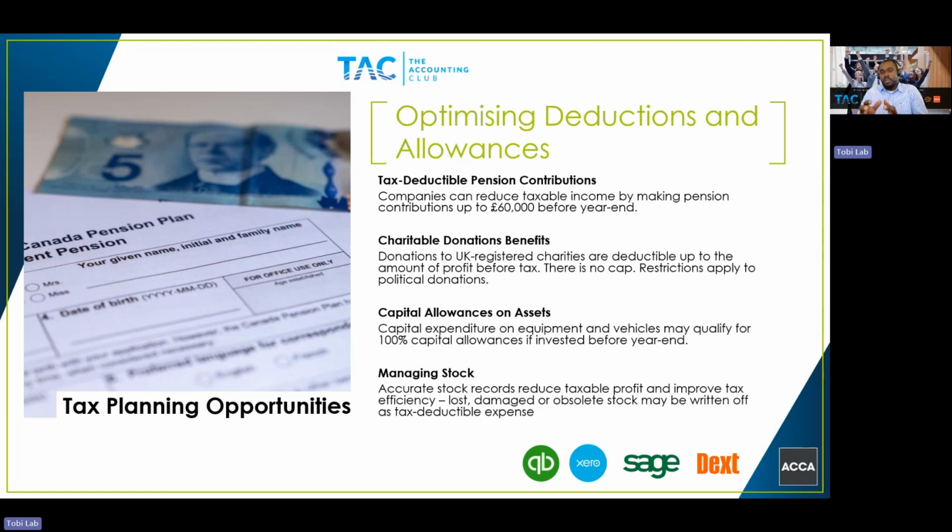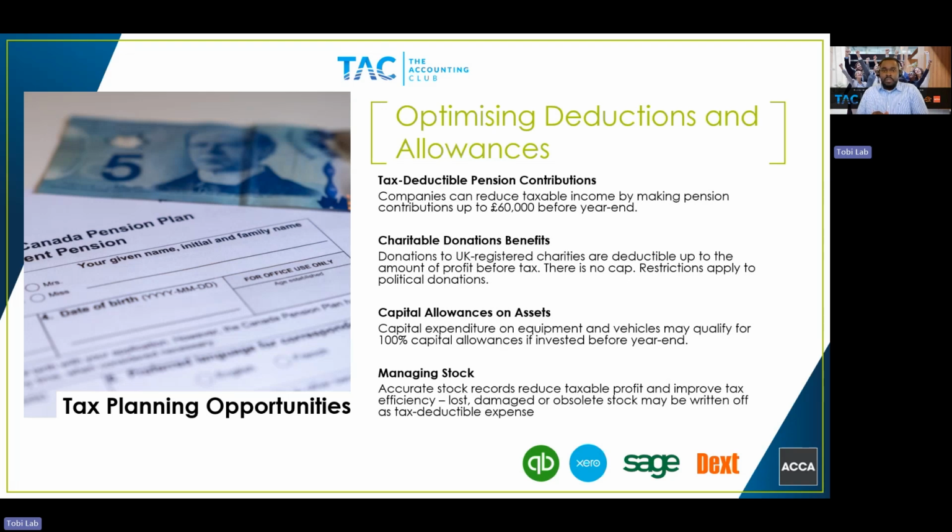The tax year runs from April to March every year, but your company's financial year can be different. So just say per year, and this is individual. If you have 3 directors, you can contribute 60K for each director into a pension, and that will reduce your taxable profits.